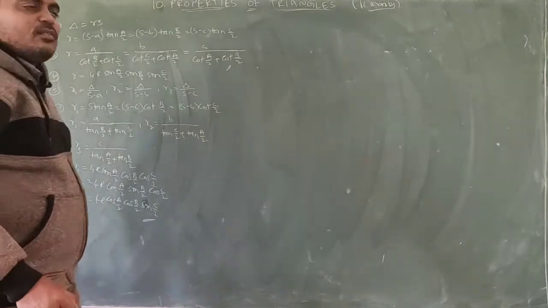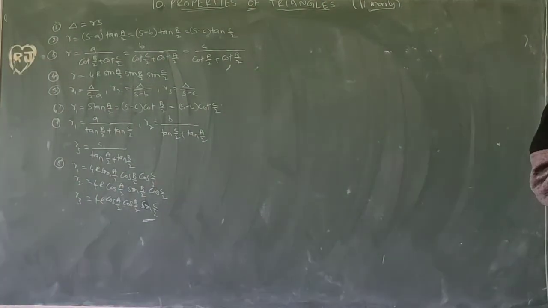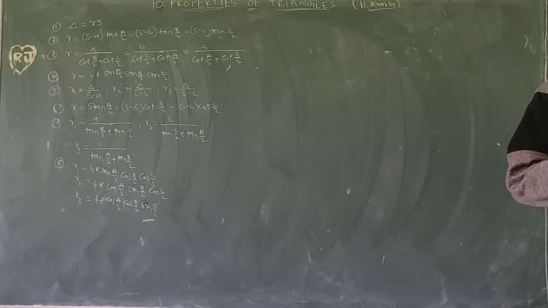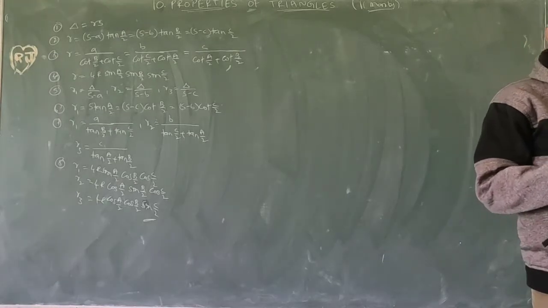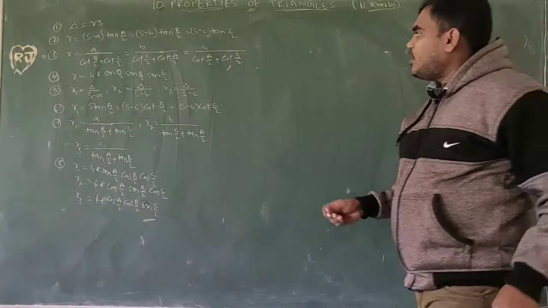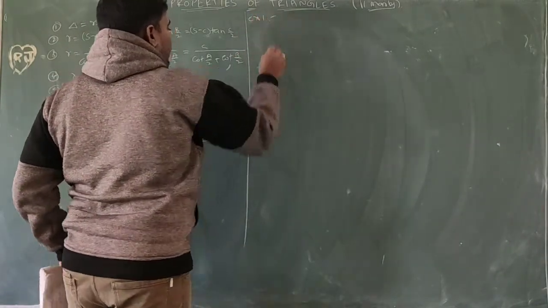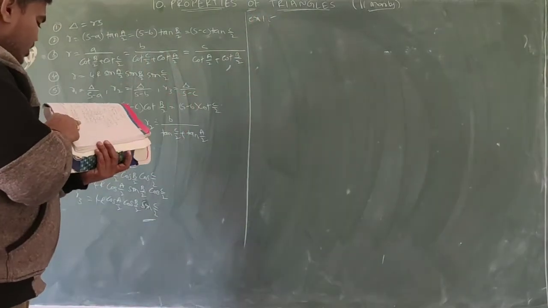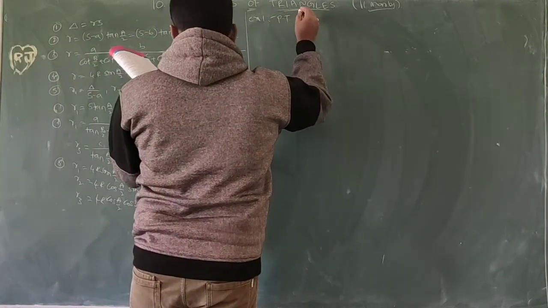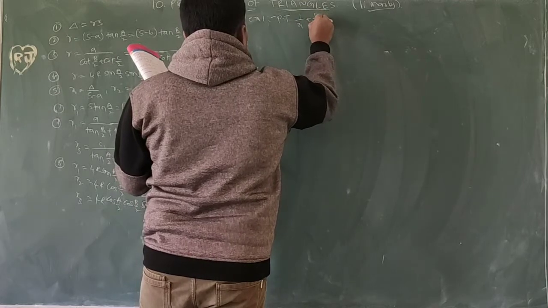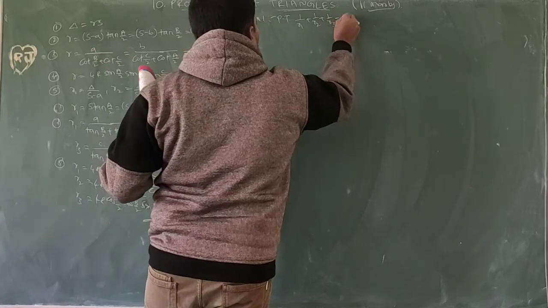So these are the formulas we are using, and two more formulas are there, which are in examples. So we will discuss those two also, because those examples are used to solve the problems. So example 1: prove that in triangle ABC, 1 by r1 plus 1 by r2 plus 1 by r3 equal to 1 by r.